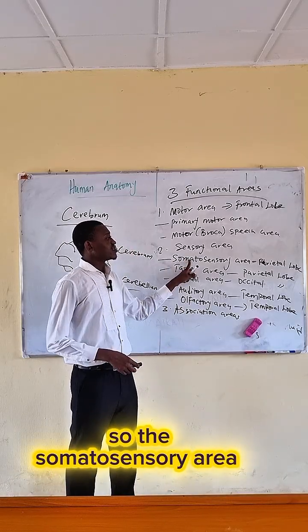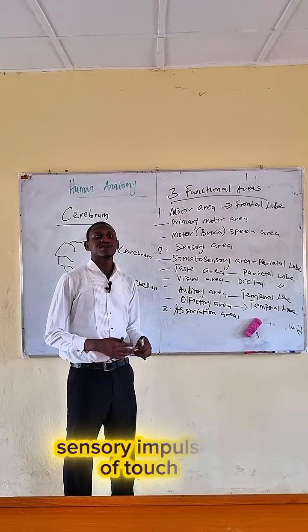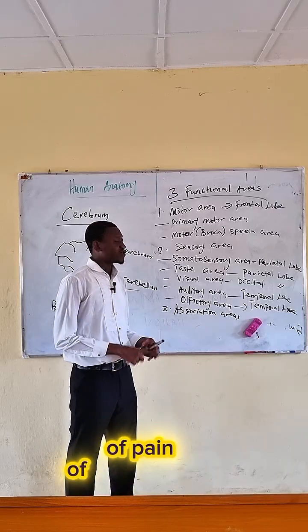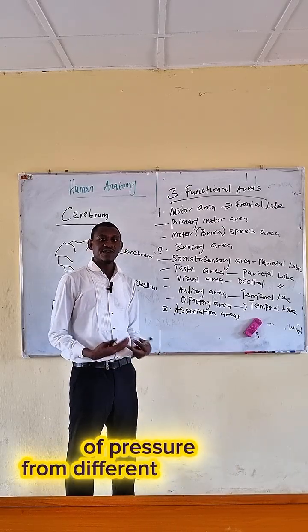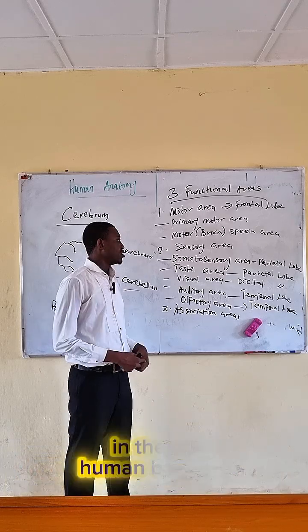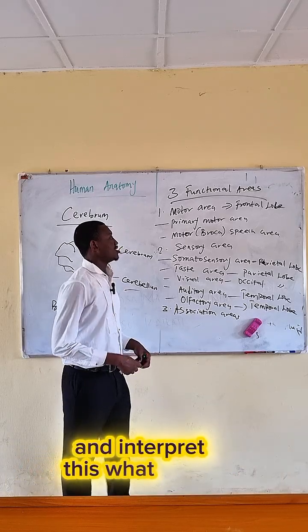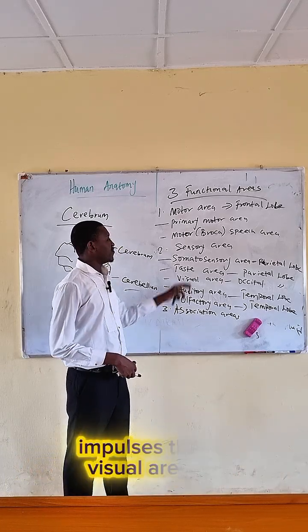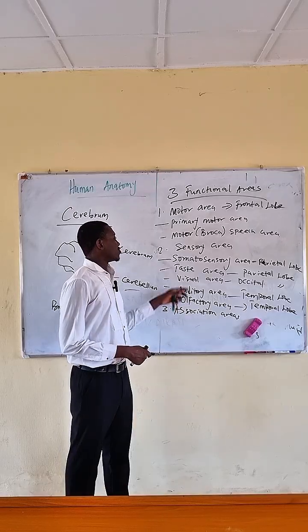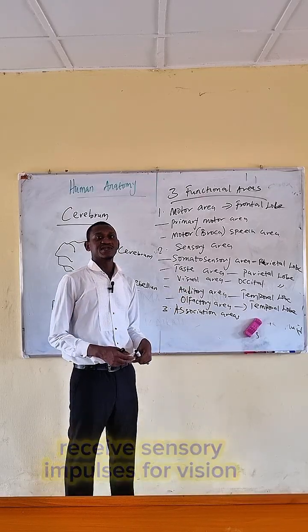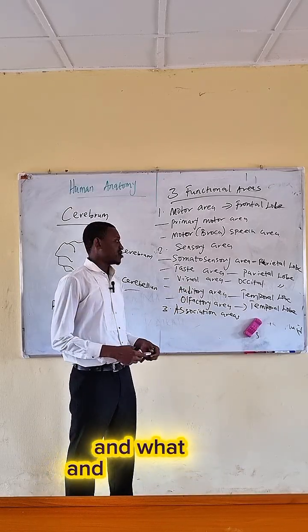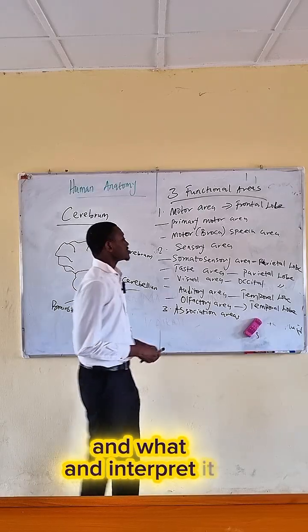So the somatosensory area receives sensory impulses of touch, pain, temperature, and pressure from different receptors in the human body and interprets these impulses. The visual areas receive sensory impulses for vision and interpret them.